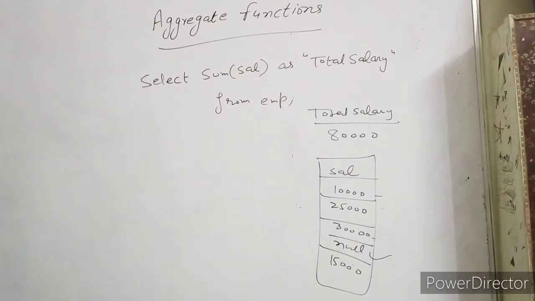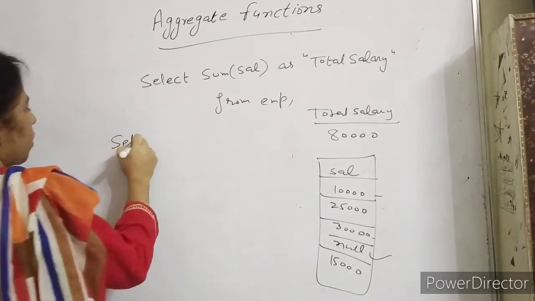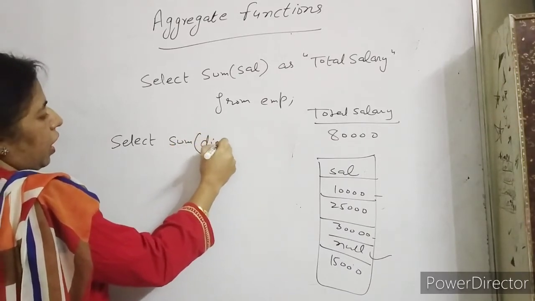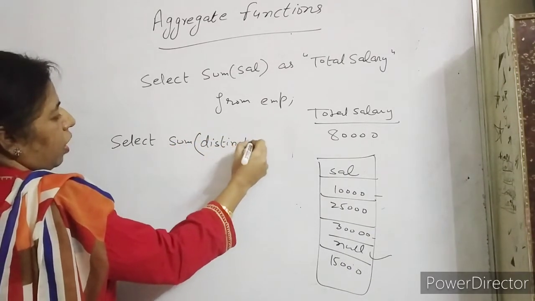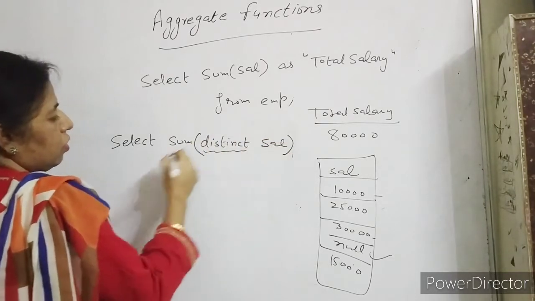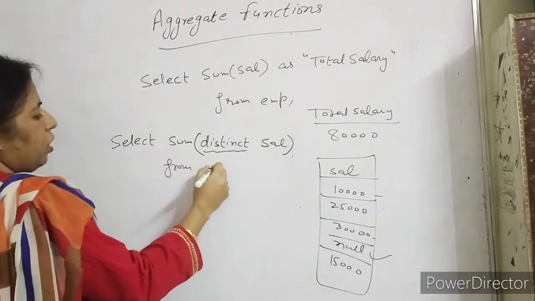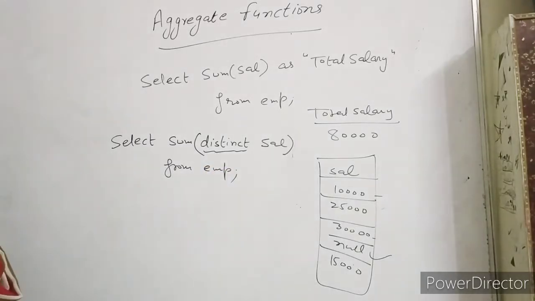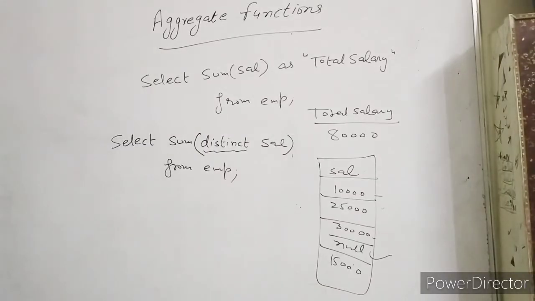If I want to calculate select sum(distinct sal) from EMP, I can write the word distinct here. Now what will happen? Distinct, as you all know, ignores the duplicate values in the column and then calculates the total salary.